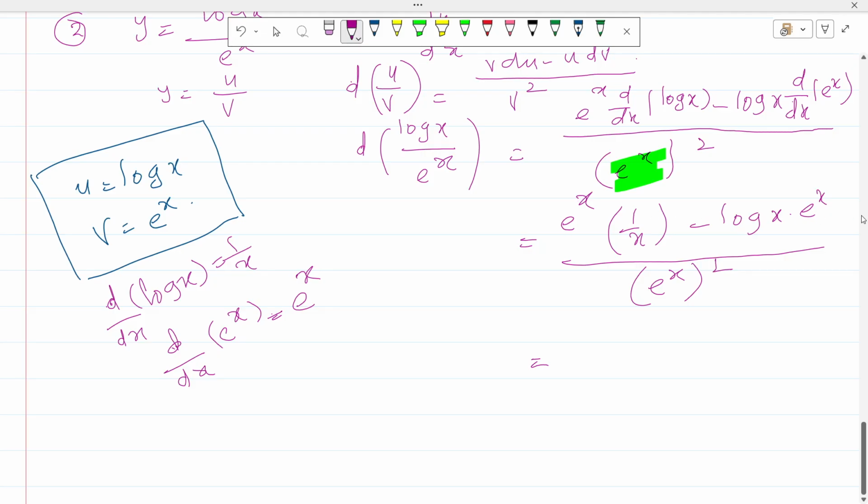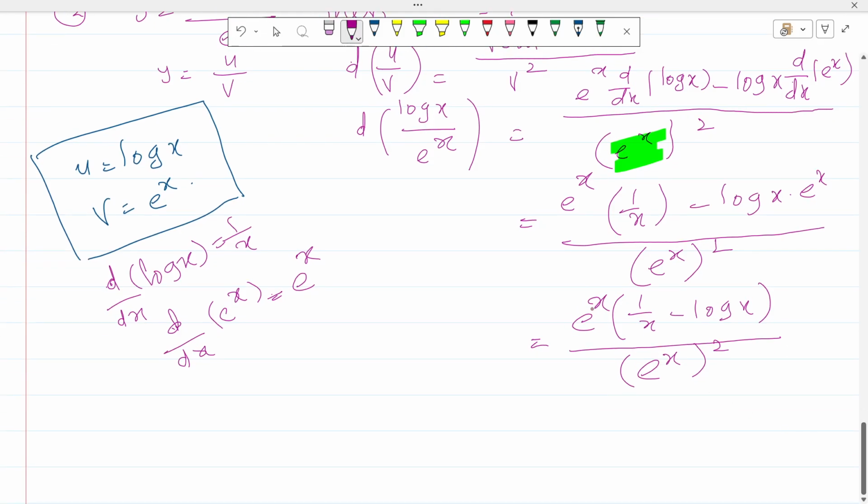Here e power x is there in both terms. Take it common, e power x, remaining is 1 by x, over e power x whole square. You know this concept, na? Taking that common outside. Any doubt in this step? No. Taking common e power x.